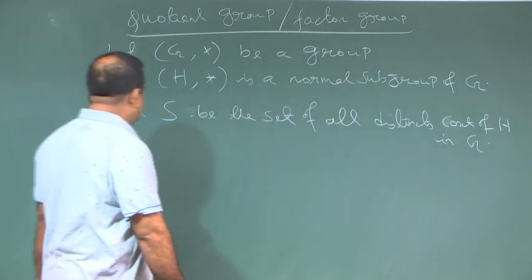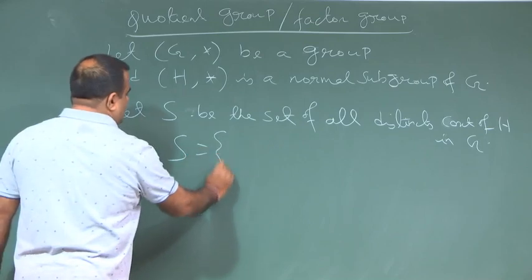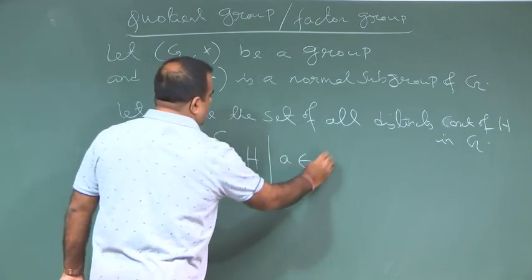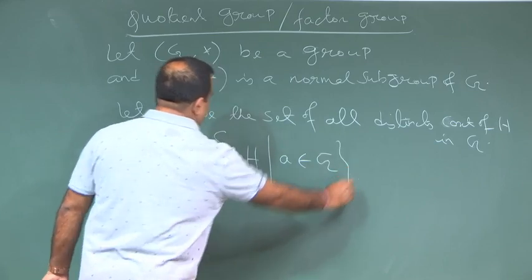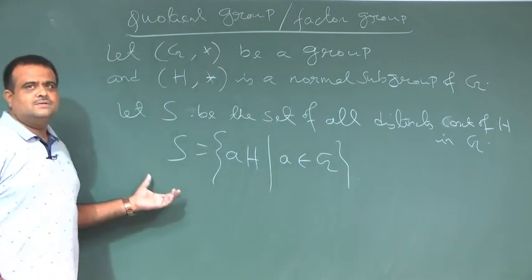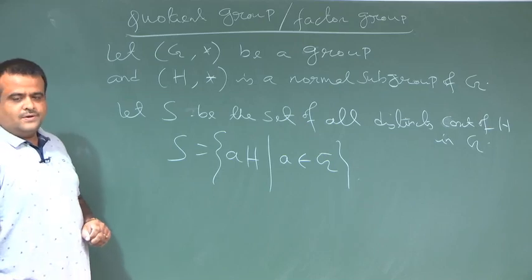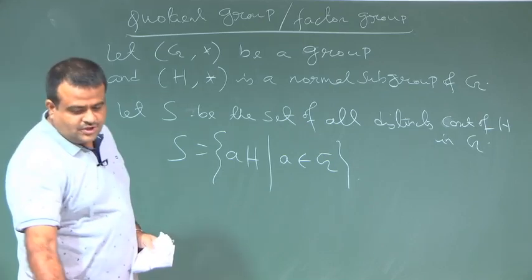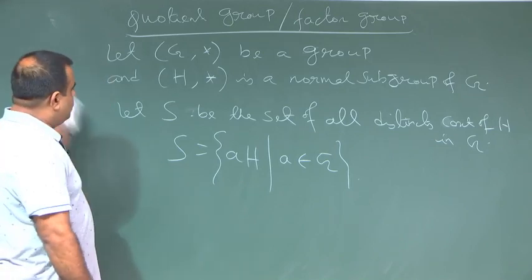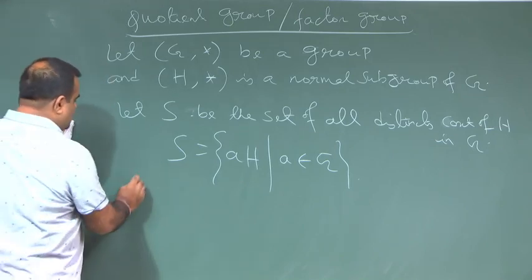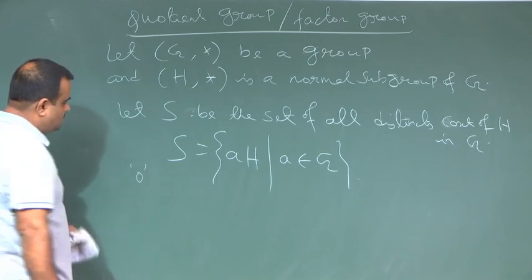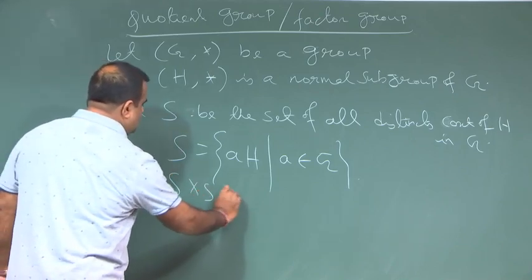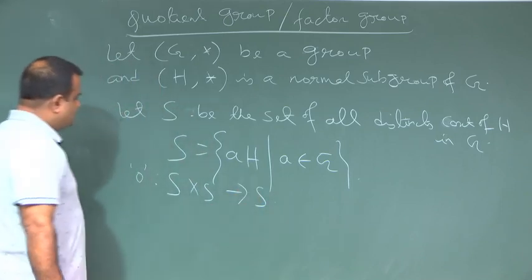Now, we define a binary operation on this coset set, that is, from S cross S to S.